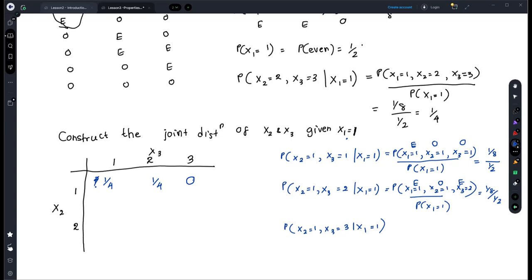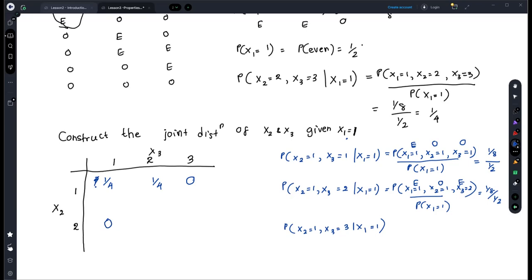Right? So likewise, what about this one? Can you get the second one 2? That is possible when x1 is 1, x2 can be 2, but can x3 be 1? You can't go down. These are always increments, right? You can't go back. So negative 1 is not possible. So there's no way that you end up with this combination.